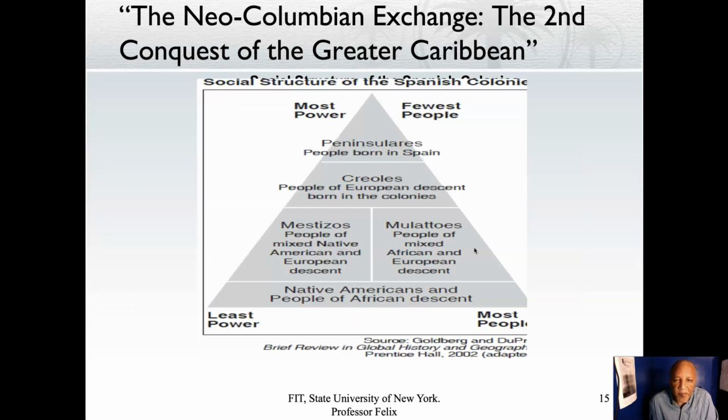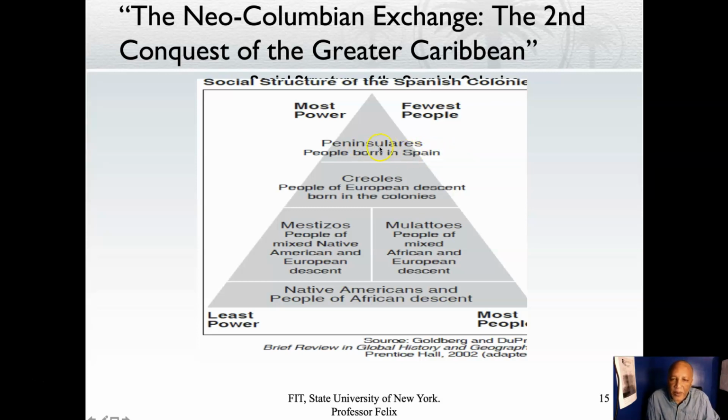Okay, and then the important structure of the colonies. This is more particular to the Spanish and the Portuguese colonies. So peninsulares basically means people from the Iberian Peninsula. These people were at the top, and they had the most power and were the fewest in number, but they used their power to dominate. It doesn't say Portugal here, but Portugal in the case of Brazil.